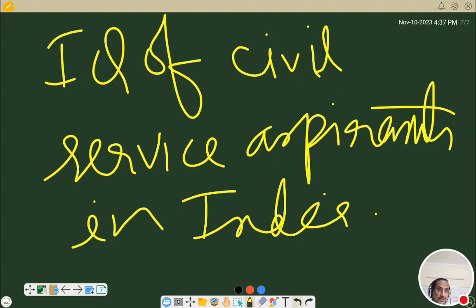So, to cut down all these things, we have initiated our endeavor, and we are trying to make it as less resource intensive as we can by using our creativity, by using technology, by having the right kind of students who also understand that there is a need for change.